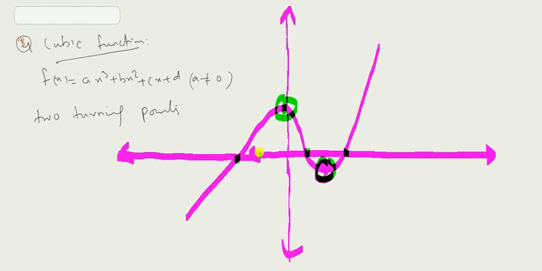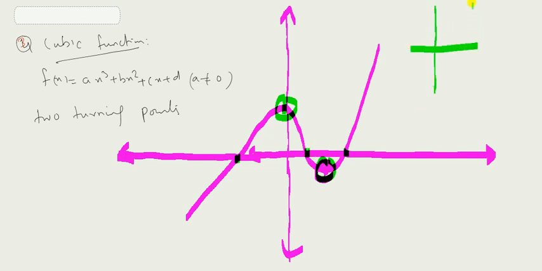Hence the number of turning points is 2, but the number of times it is crossing the x-axis is always 3. But it is not that it will always cross the x-axis 3 times. If there are real zeros, then only it will cross the x-axis 3 times. But this is the shape of your cubic polynomial or cubic function.